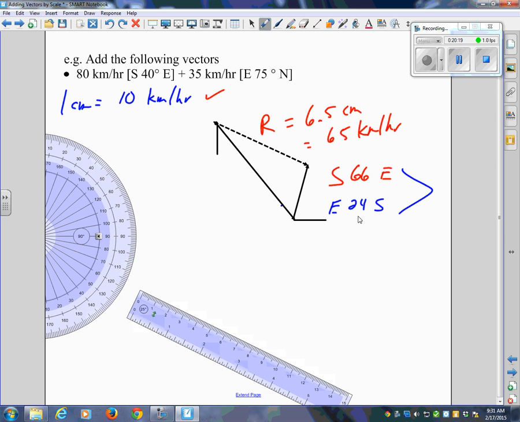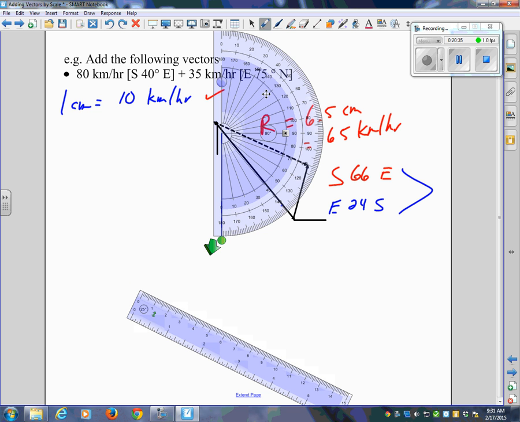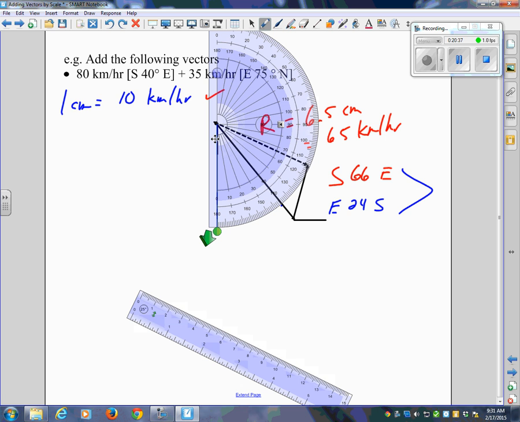No, plus or minus 3, right? All good, makes sense. Now's the time to ask. Looks good to me. South 66 east.